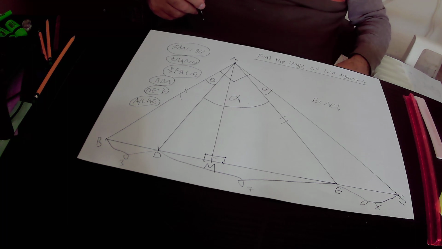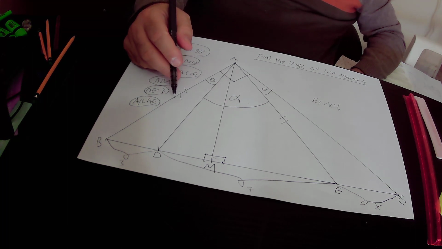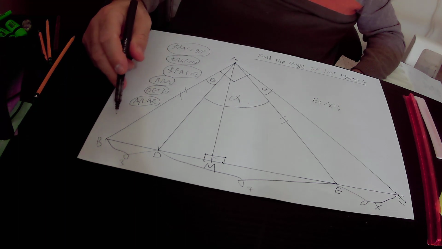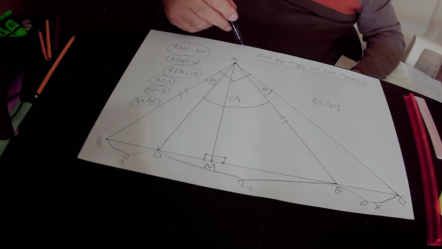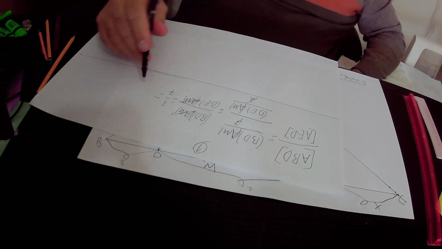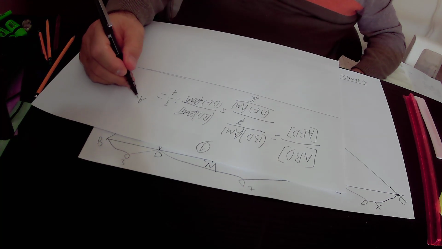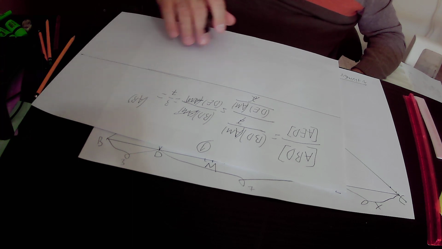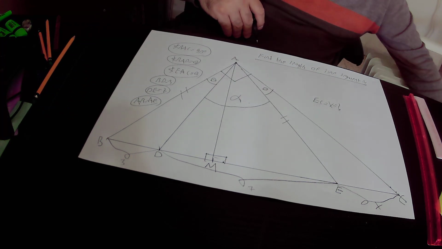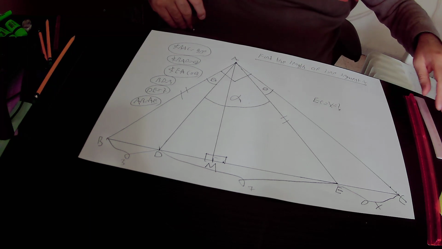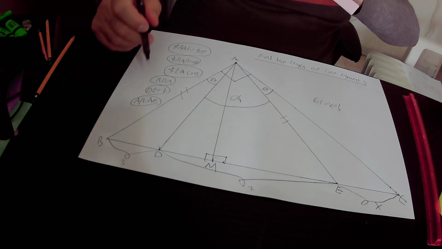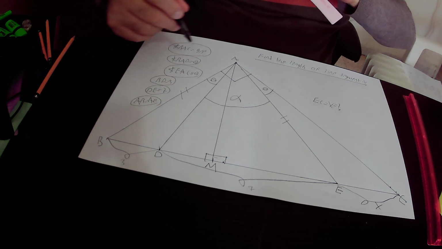In the next step, we calculate the area of triangle ABD and the area of triangle AED in a different way. Here, the area of triangle ADE will be equal to the base. We take the base as AB. The height to the base must create 90 degrees with the base. So from point D, we will draw a perpendicular to AB.